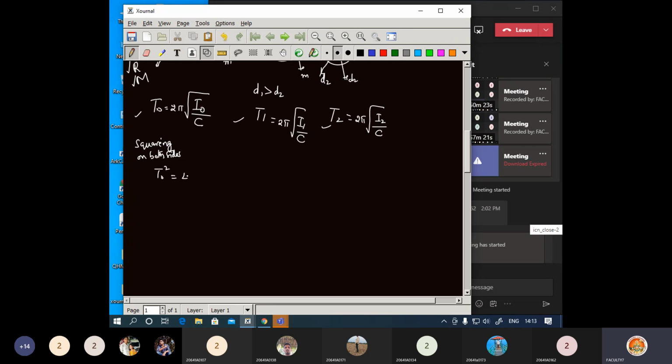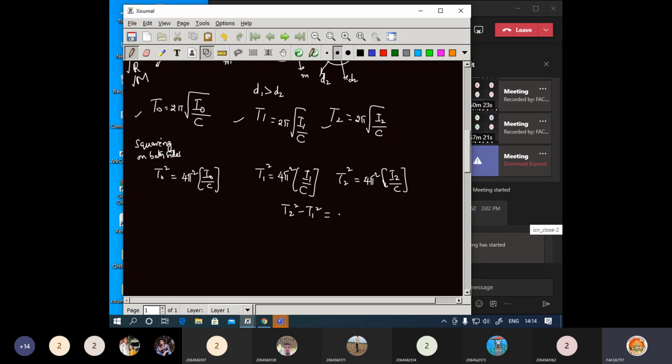T naught square will be equal to 4 pi square I naught by C. T1 square equal to 4 pi square into I1 divided by C. Next, T2 square will be equal to 4 pi square I2 by C.